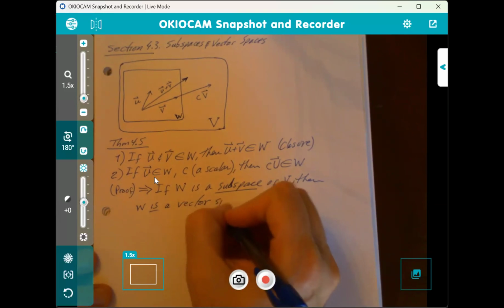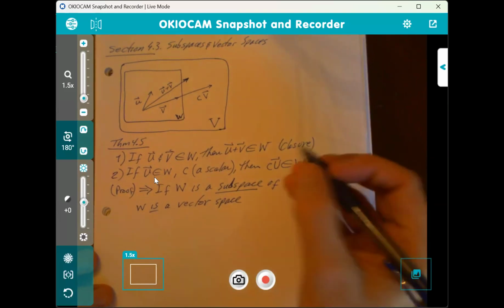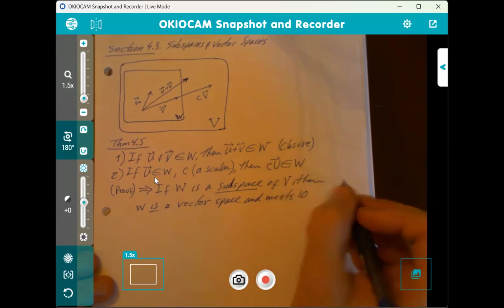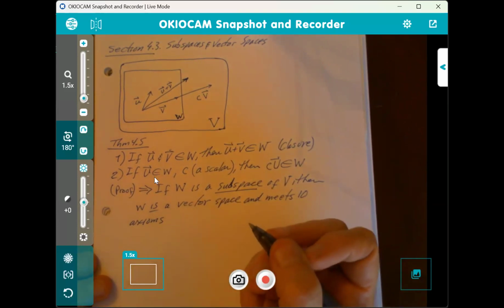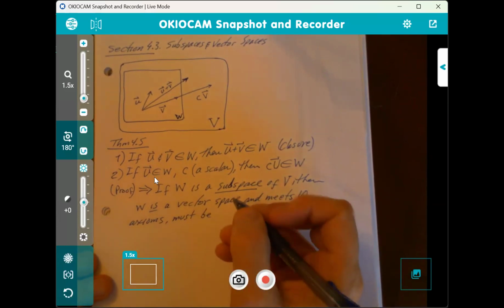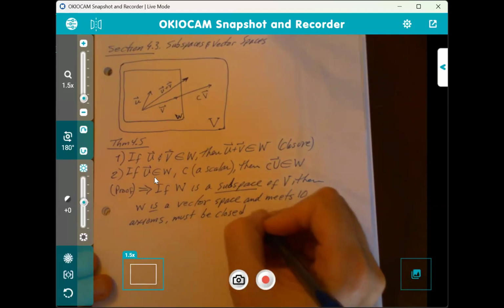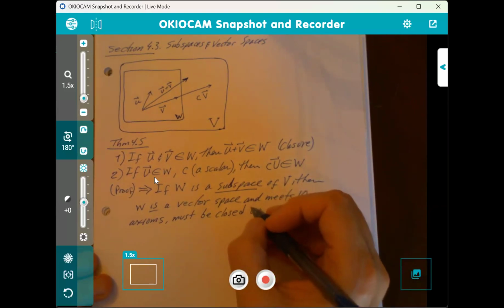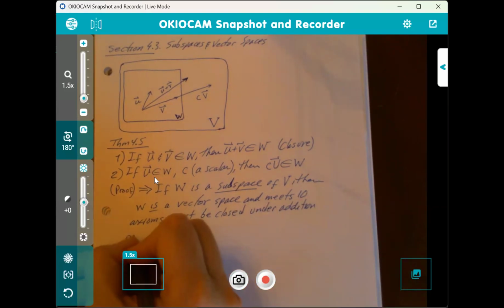By that, it means it meets the definition of a vector space, so it meets all 10 axioms. Therefore, it must be closed under addition and scalar multiplication, because two of those 10 axioms were closure under addition and scalar multiplication.